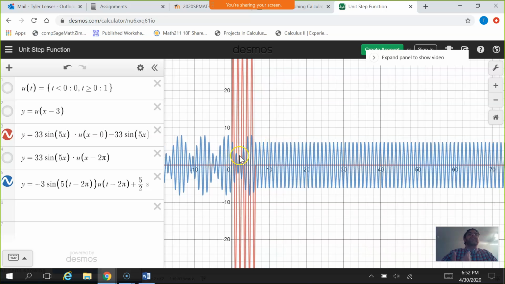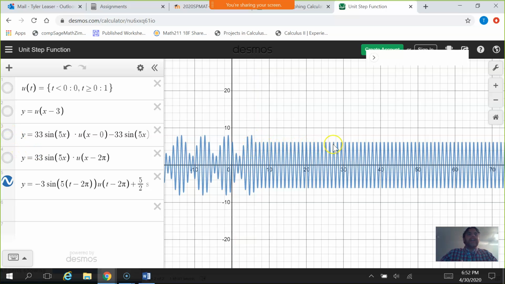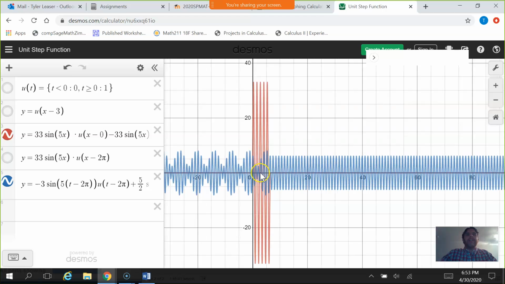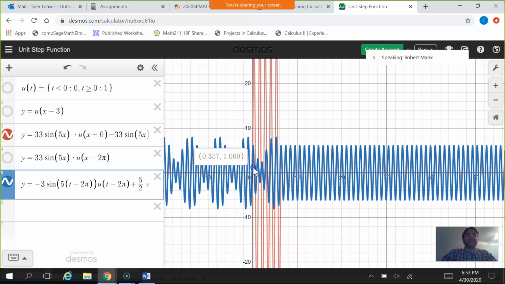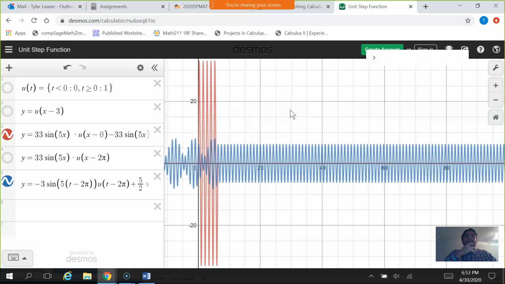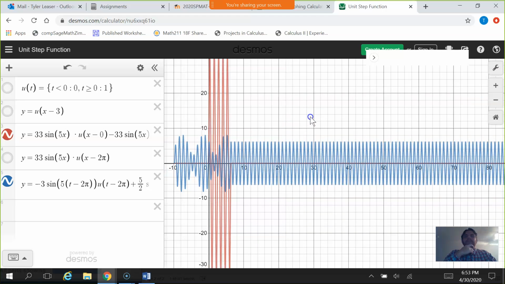But after it filters it all out and after we stop the input, it settles down on a nice sine wave. Pretty cool, right? Here's your input of electricity. The circuit's trying to figure it out at the beginning, but once you stop the input of electricity, the circuit then settles down at an equilibrium. And remember, the blue line here represents the current I that we're talking about.